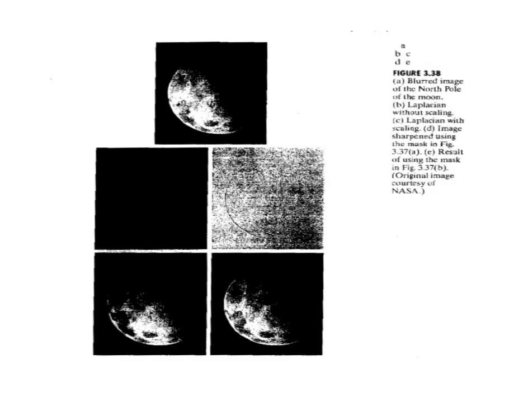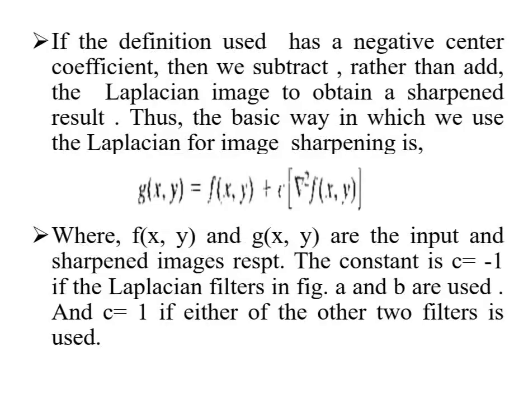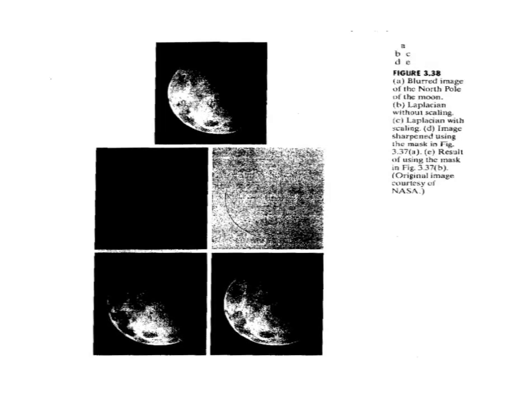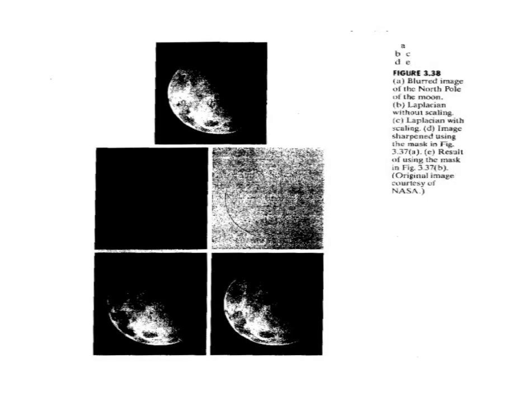Figure D shows the result obtained using c equal to -1 in the equation g of x comma y is equal to f of x comma y plus c del square f of x comma y. The details in this image are unmistakably clearer and sharper than in the original image.